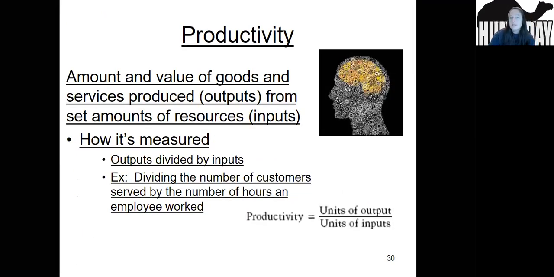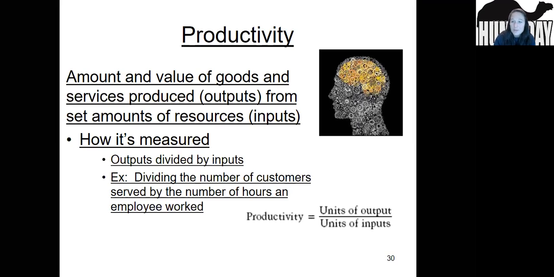Productivity just means the amount or the value of goods that are being produced divided by whatever we're using to make the product itself. So if I've asked the class to make as many pizzas as you can in an hour, and let's say the class makes 30 pizzas, I take 30 and I divide that by 1 hour.